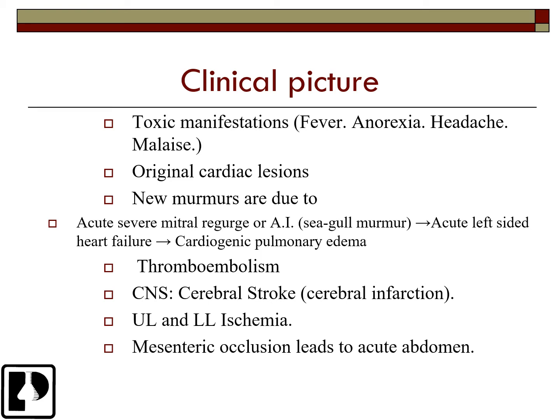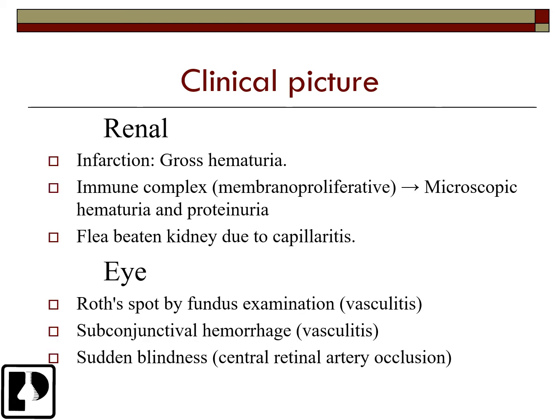Mesenteric occlusion leads to acute abdomen, and acute mesenteric occlusion leads to what's called acute abdomen, also due to thrombosis, which will obstruct the arterial system of the GIT. Renal: if the renal artery or one of its branches is obstructed by thrombi, it will cause gross hematuria. Immune complex.